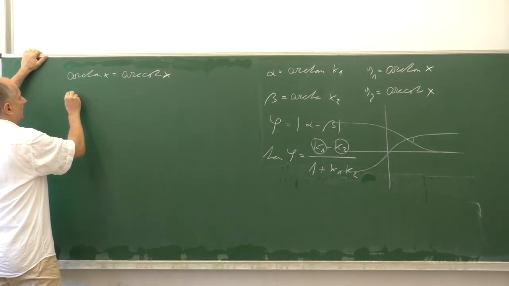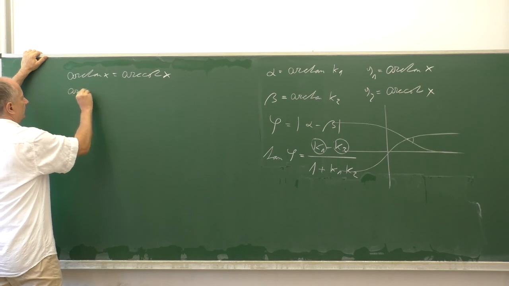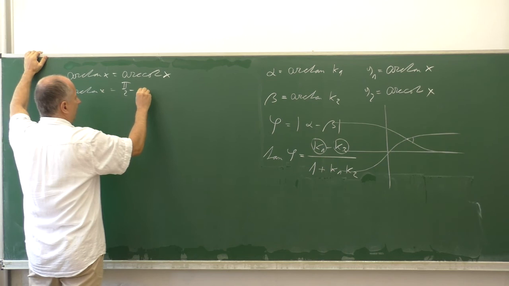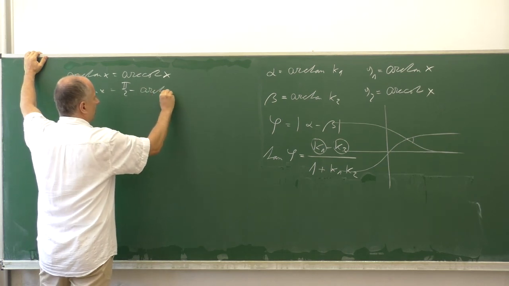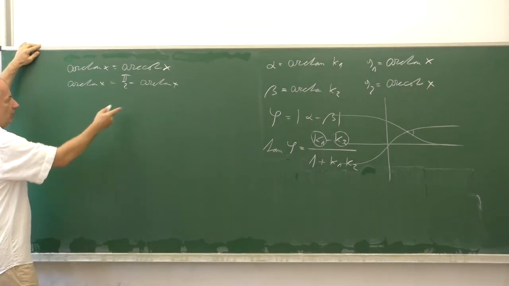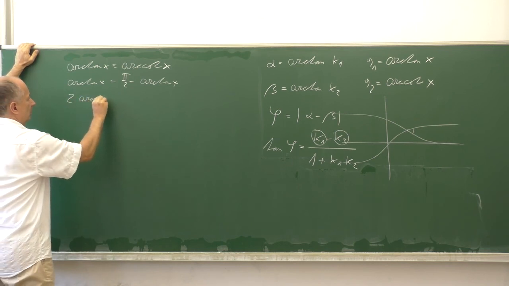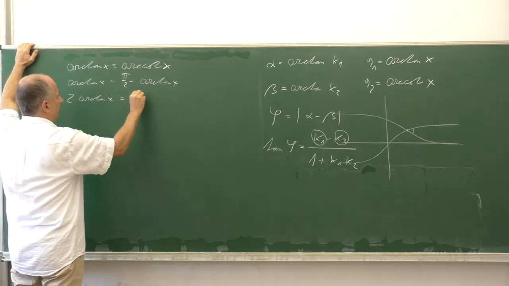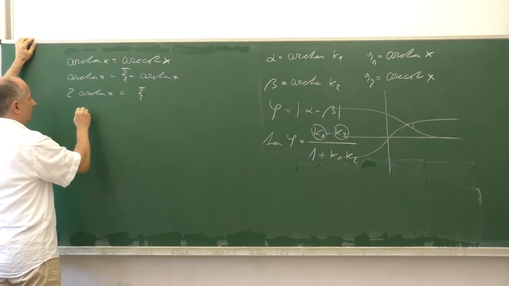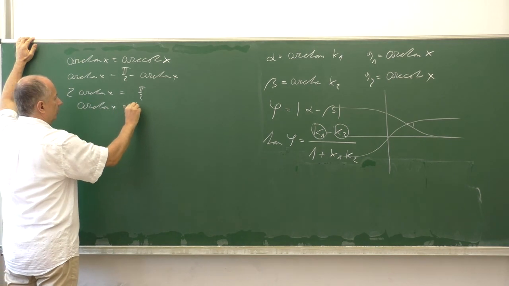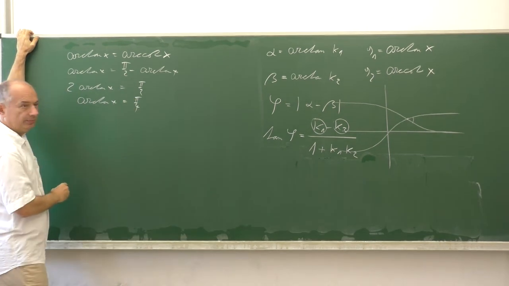So we have arctangent of x is pi half minus arctangent of x. So if we add arctangent of x, we have 2 arctangent of x is pi half. If we divide by 2, we have arctangent of x is pi over 4.